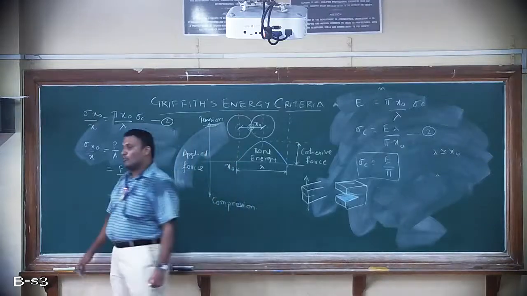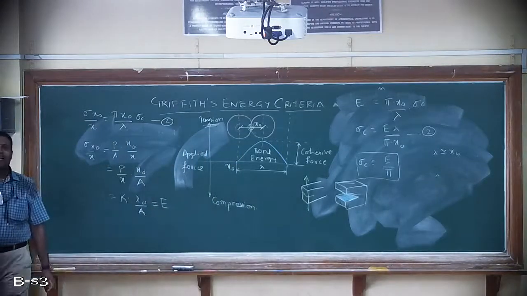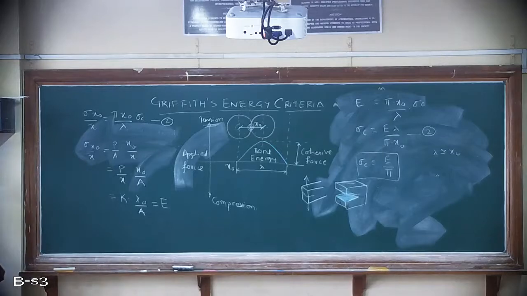Now here, to create those two surfaces we need some energy, and that energy is called the surface energy. So the surface energy, or the energy required to create new surfaces per unit area, is equal to half of the fracture energy, because two surfaces are created when the material fractures.